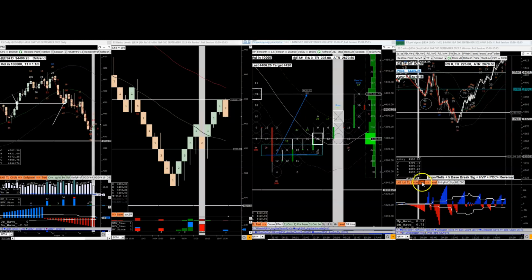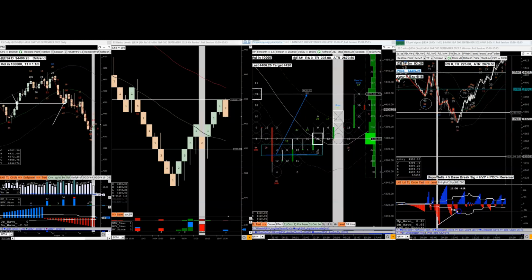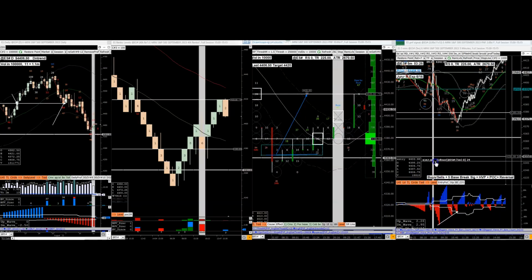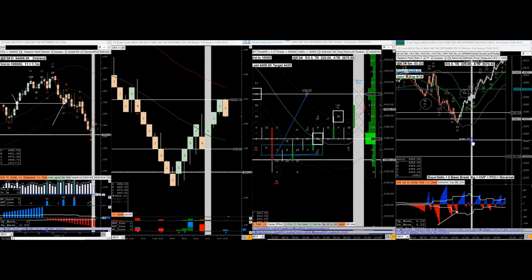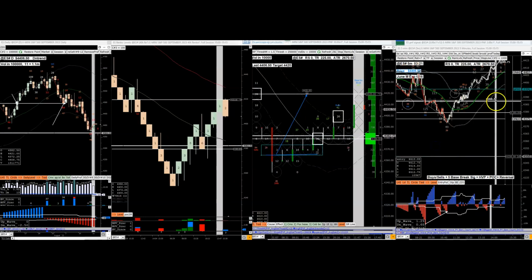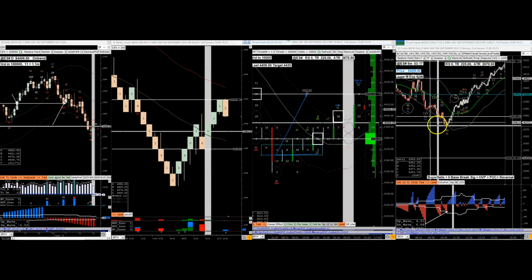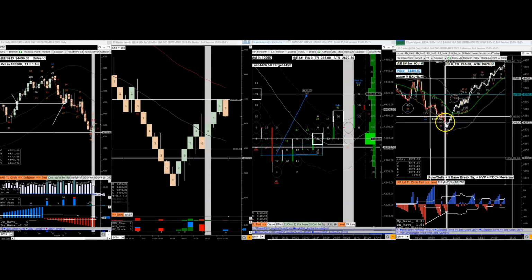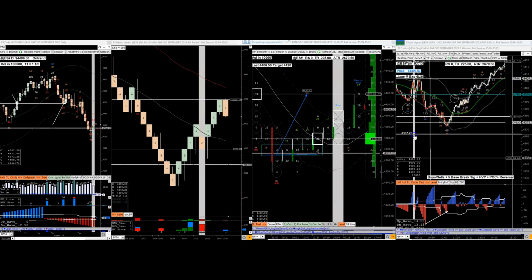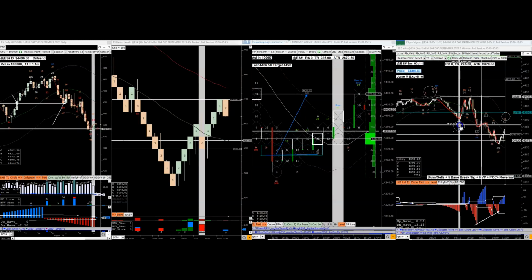Right there. Now this, you need to have the other, the up wave there, the weakness and the strength. That's what really matters, weakness and strength.